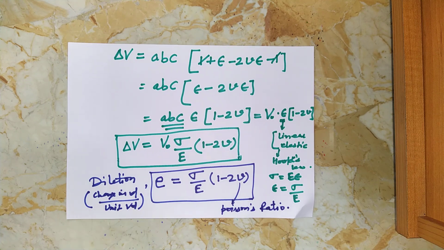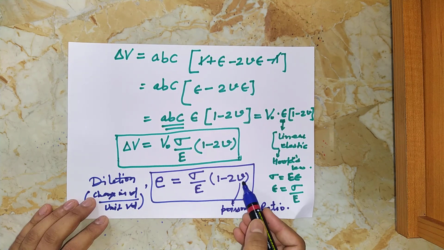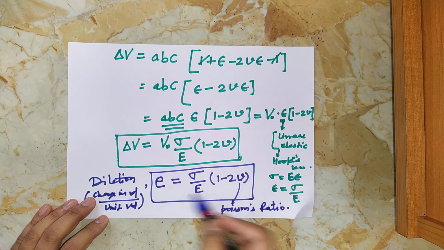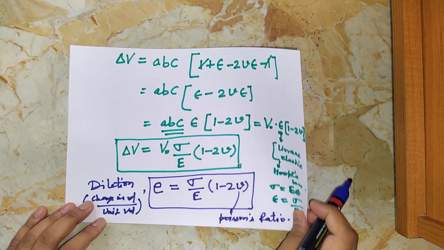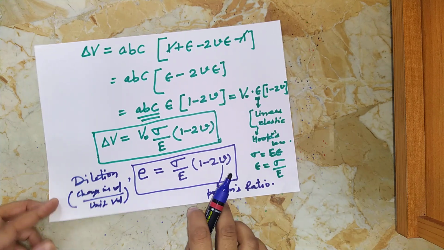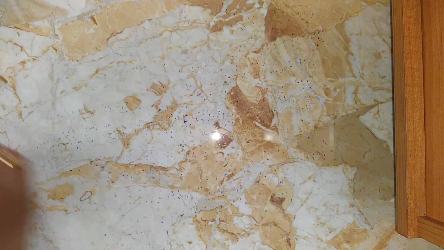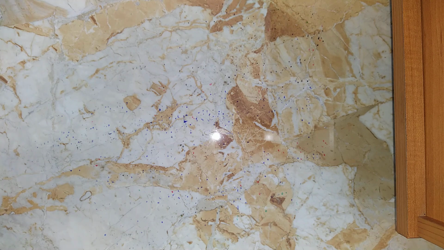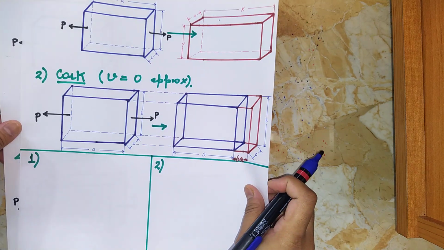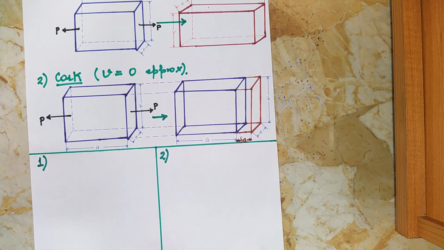There will be no change in volume. Okay. But if Poisson's ratio value is 0, there will be a definite change in volume. So we'll take a few examples to understand this phenomenon. One by one we'll go.